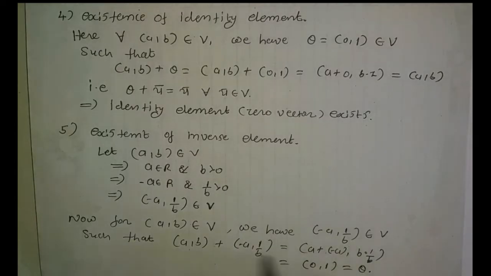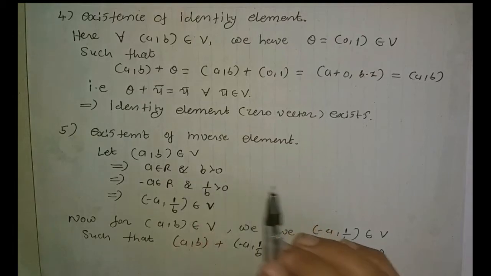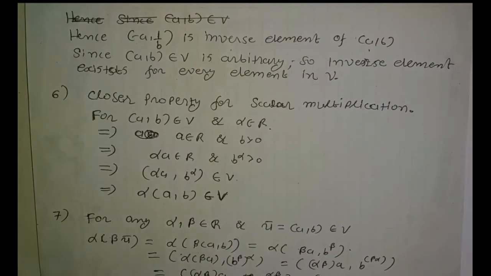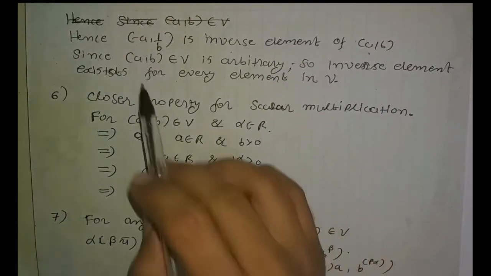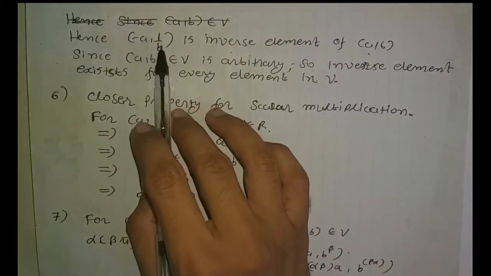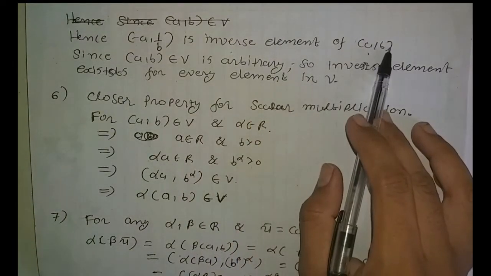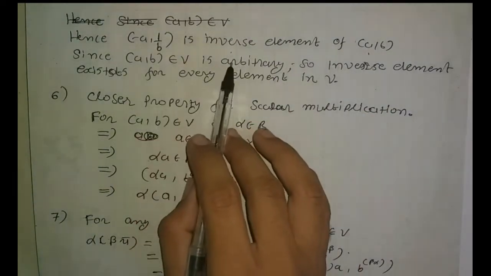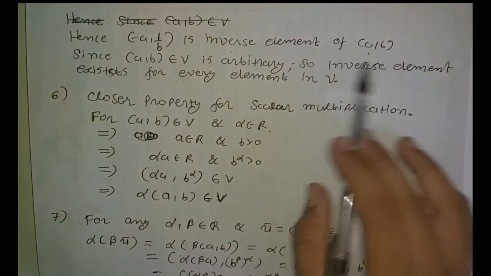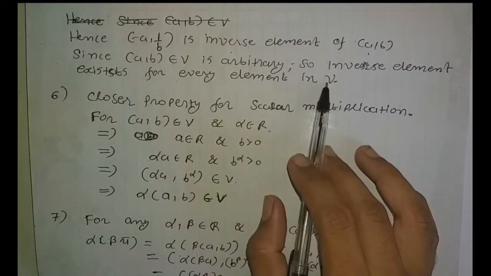Hence, for this vector (a, b) is arbitrary. So the vector (minus a, 1 upon b) is an inverse element of (a, b). Since vector (a, b) is arbitrary, the inverse element exists for every element in set V.